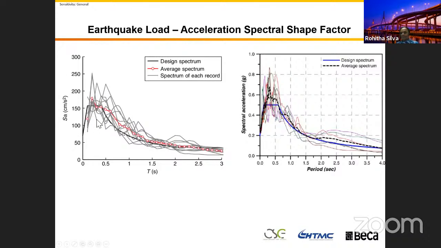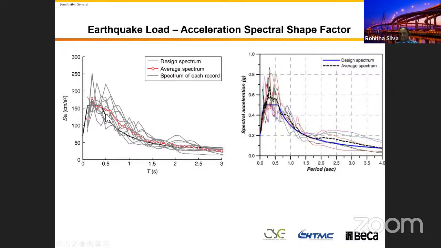Similar to that, we develop what we call the design spectrums for earthquake design. As I mentioned before, the inertia force goes to a maximum, then damps out and dies down. It's the earthquake period, not hours, but a couple of seconds.